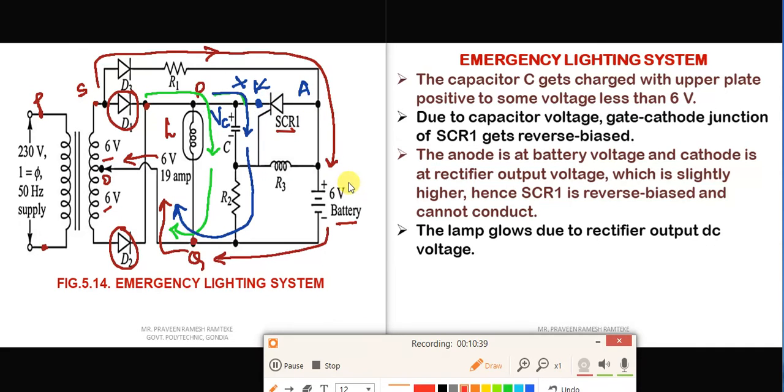The anode potential is positive, and now when the mains are off, the battery is forward biasing the SCR. Once the SCR is forward biased, because of this inductor, the triggering pulses are provided to the gate.